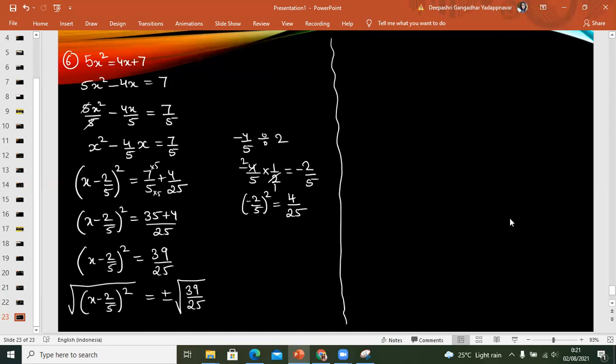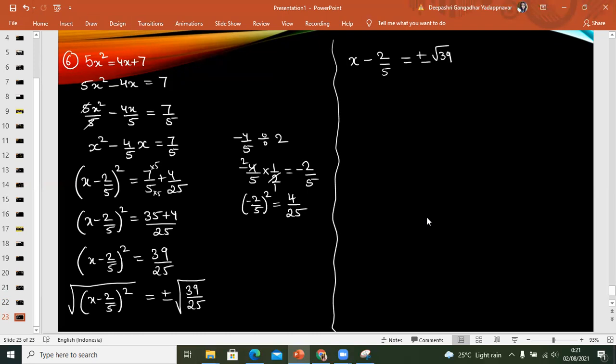The square root sign and that 2 will cancel, and you will get only x minus 2 divided by 5 equals, or it is okay if you don't write the bracket also, no problem. x minus 2 by 5 equals plus or minus square root of 39, and square root of 25 is 5.